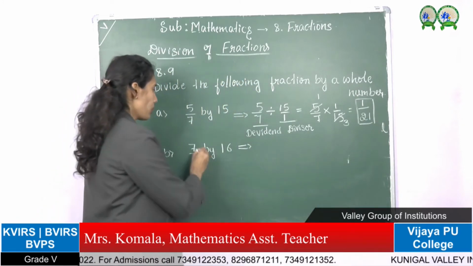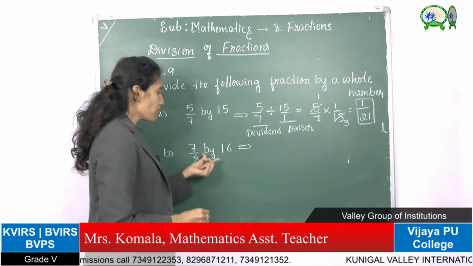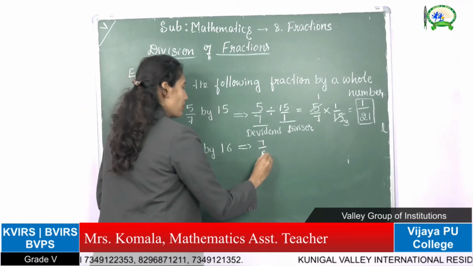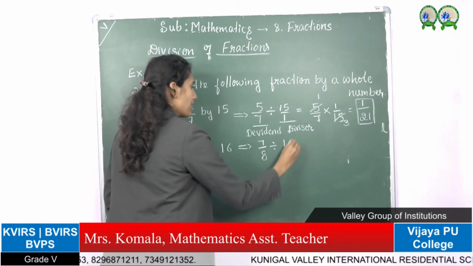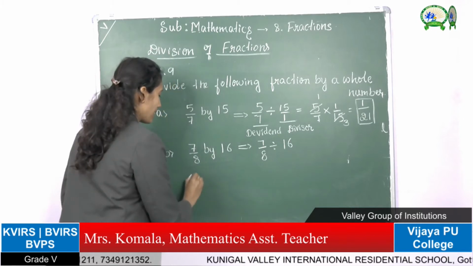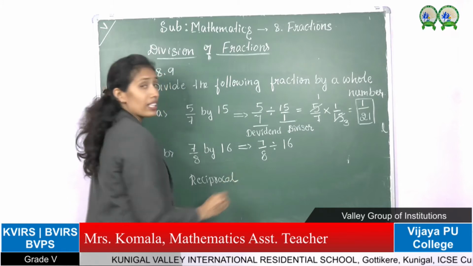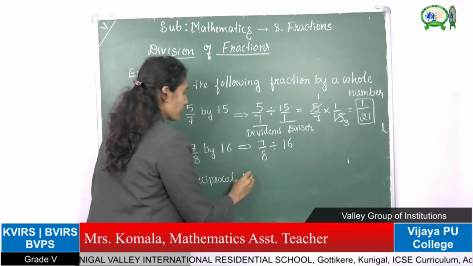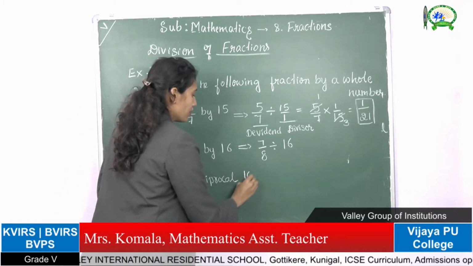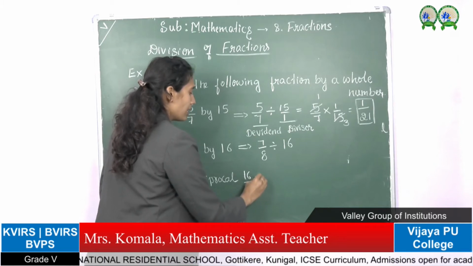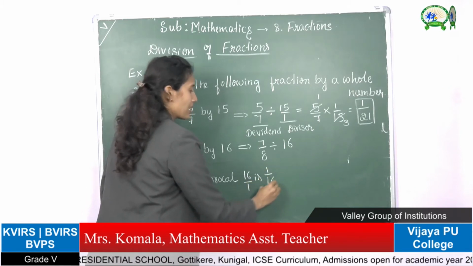Here also we can write 7 by 8 by 16 as 7 by 8 divided by 16. Now let us write the reciprocal of the divisor, 16 by 1, which is 1 by 16.